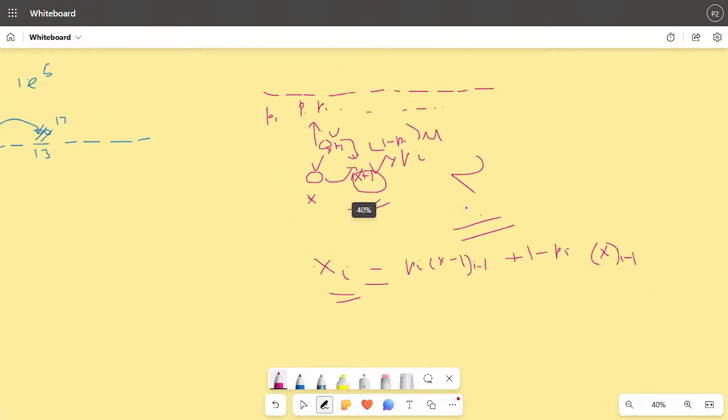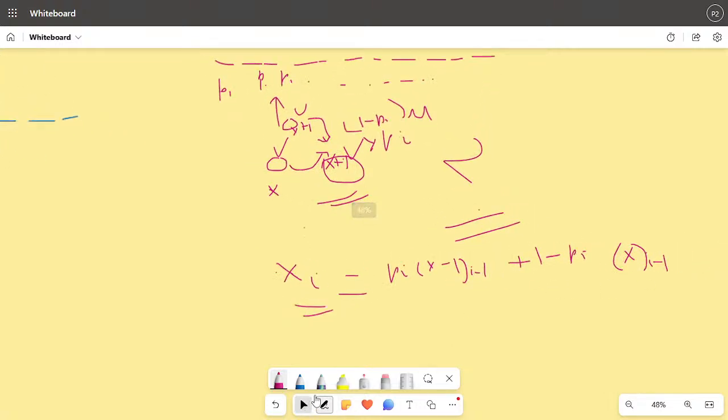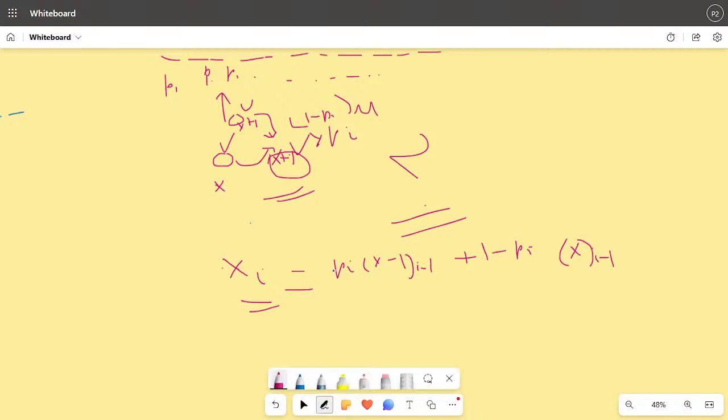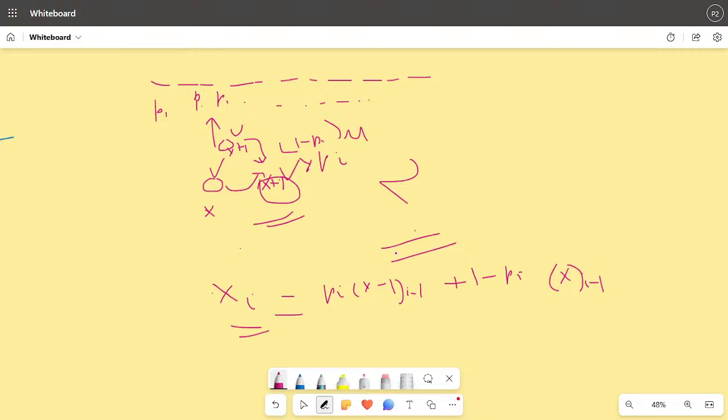So for every state, it seems that I can calculate P[i][x] if I have all of the previous state. And luckily we can do that, as x will be of the order n and there are n elements, so this will run in n square time, which is possible.